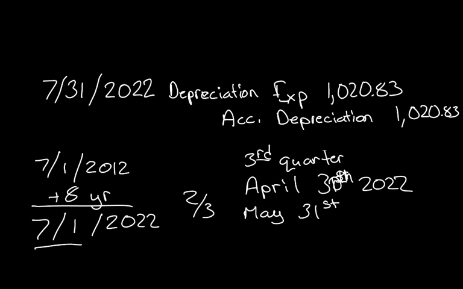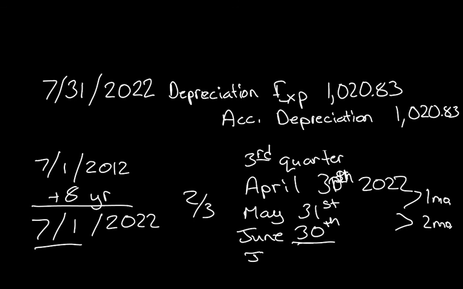From April 30th to May 31st, this would be 1 month. And then from May 31st to June 30th, this would be your second month. And so their useful life ends on June 30th, because on July 1st, they're at their eight-year anniversary.